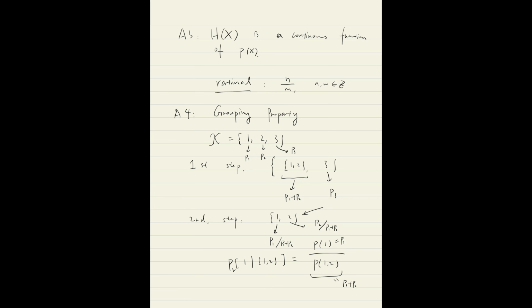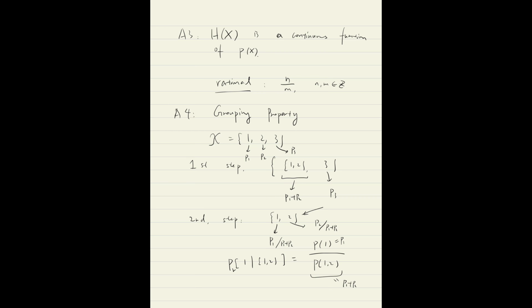What we're computing now is the probability of 1 given that 1, 2 is happening. This equals the probability of 1 divided by the probability of 1, 2. What's the probability of 1, 2?